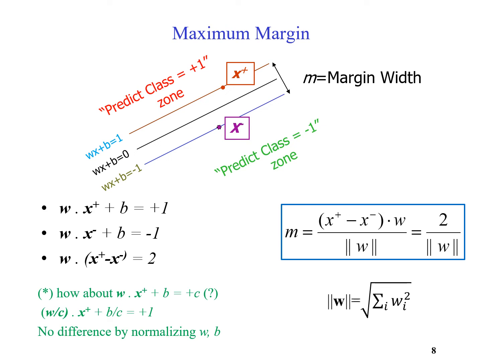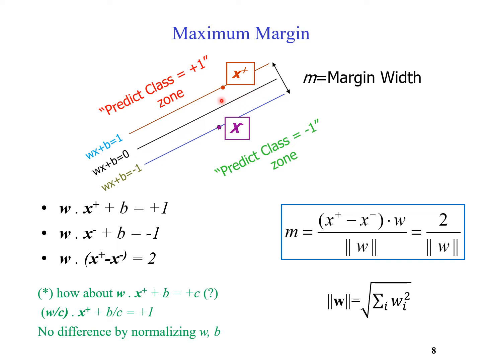So I said SVM is a classifier with the maximum margin. In this slide, we're going to define margin in a mathematical form. Let's say wx plus b equals 0 is the line we are looking for.